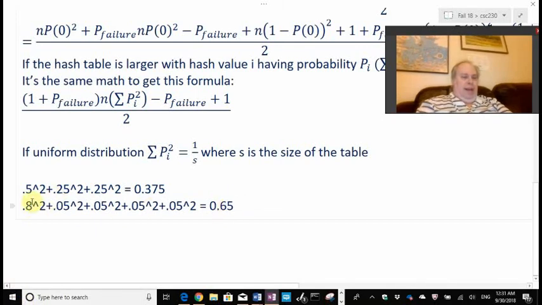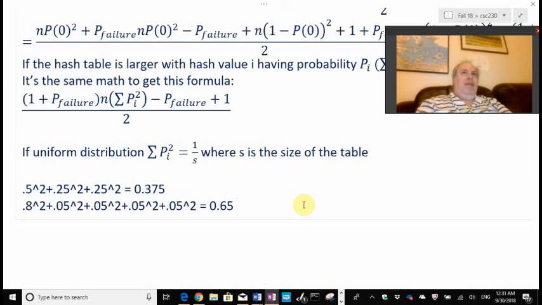So if you have a really biased function, it will get worse, but still, even with all this bias, it's still getting you some significant speedup. And of course, if you have a hash function that's hitting one of the cells 80% of the time, that is a really bad hashing function. That's a really non-uniform distribution.